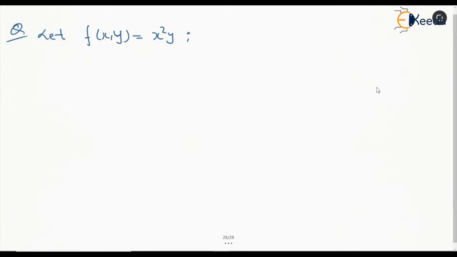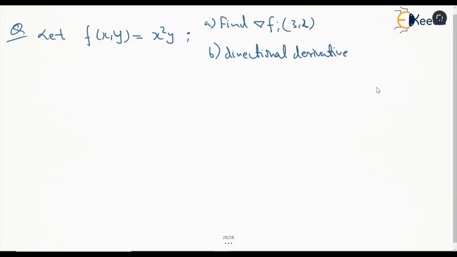Then find gradient f at the point 3 comma 2, and the directional derivative in the direction 1 comma 1. First question first: you have to find the gradient at 3 comma 2.